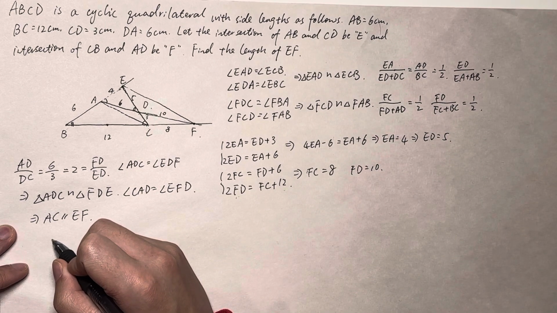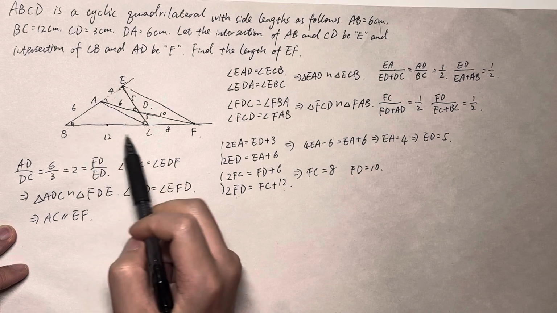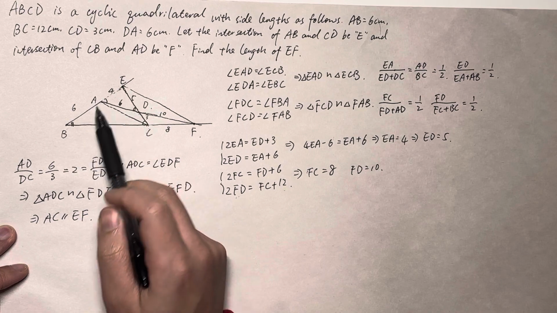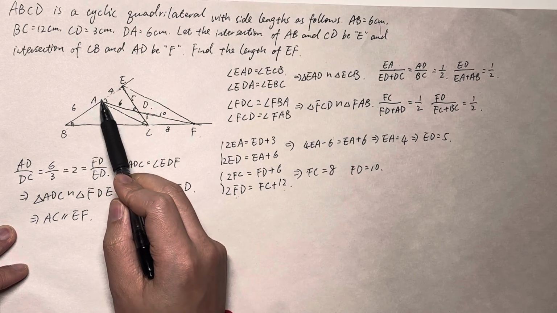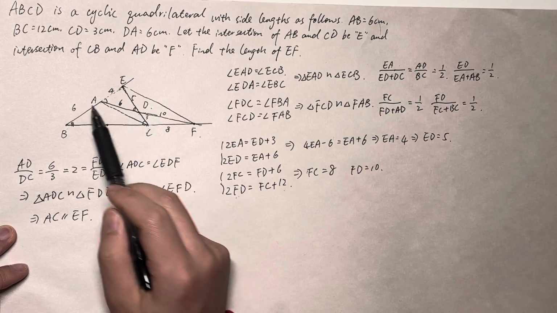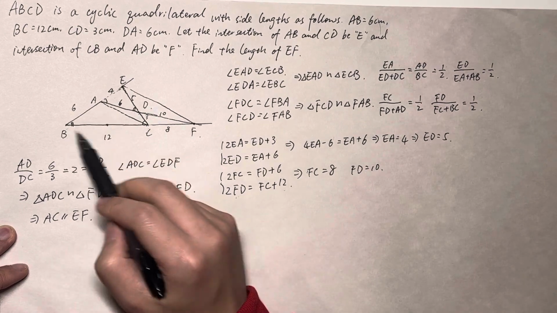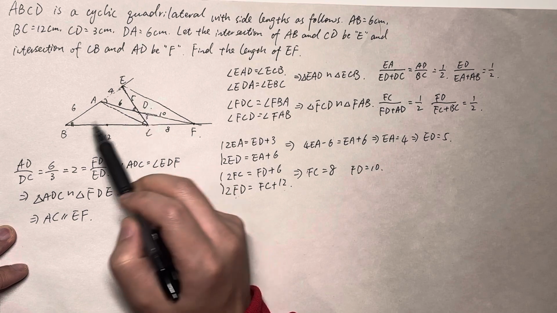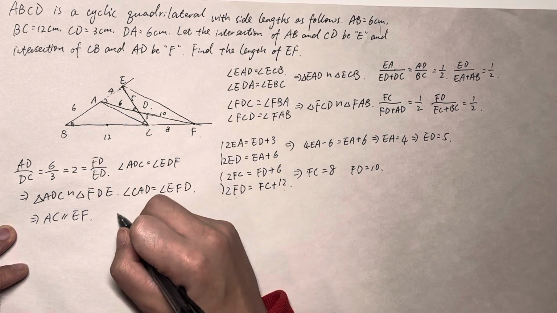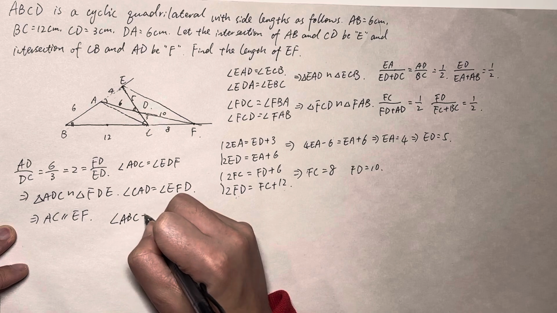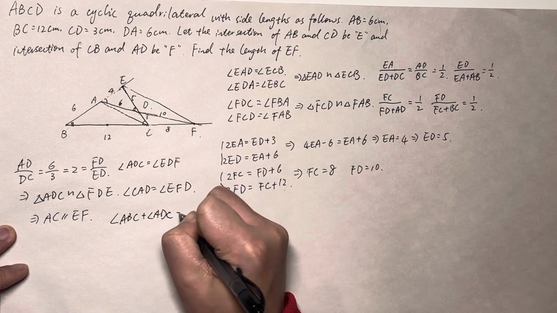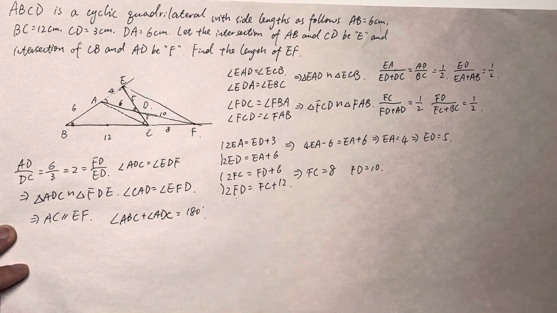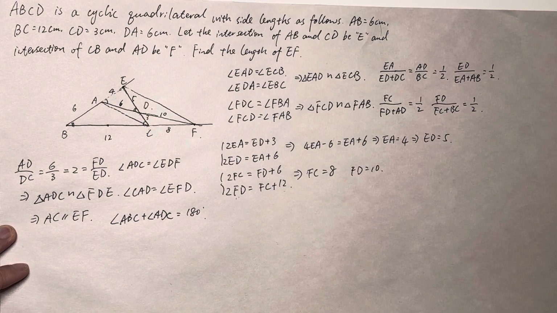We can do this because of A, B, C, D. Look at the quadrilateral ABCD, right? Because ABCD is a cyclic quadrilateral, the angle ABC plus angle ADC equals 180 degrees, right?